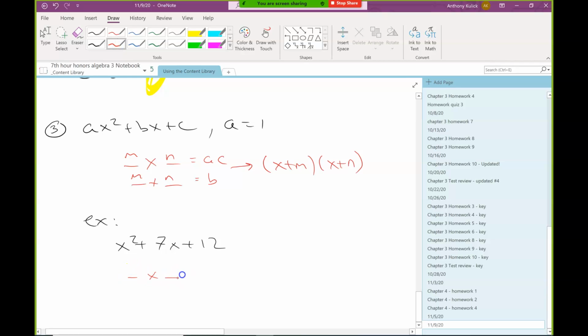So here we need to find the two numbers that multiply to give us 12 and add to give us 7. Those two numbers are 4 and 3. So that tells me that this is x plus 4 times x plus 3.